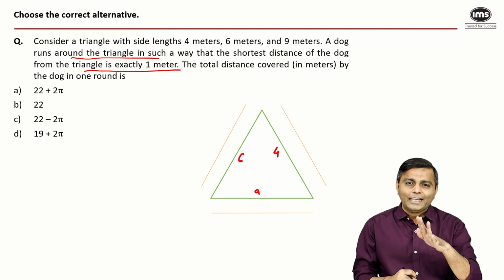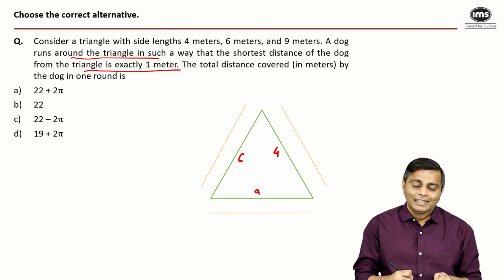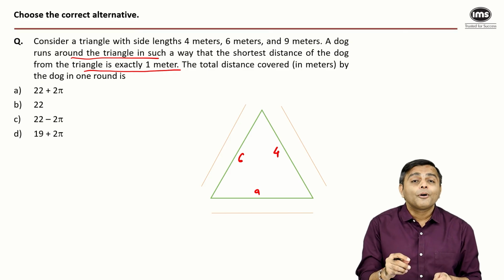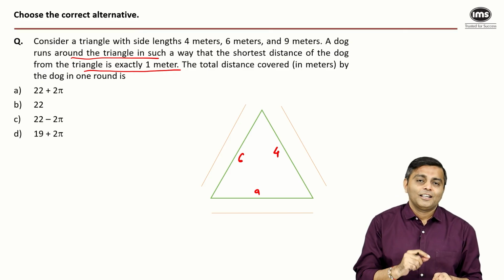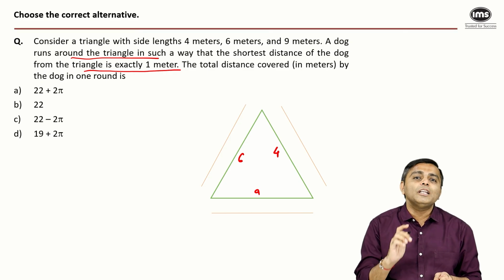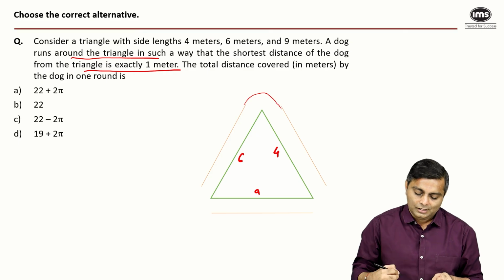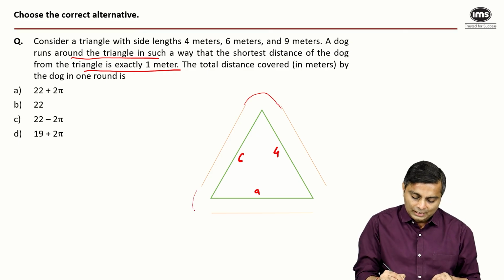So these light orange colored lines are nothing but 4, 6 and 9. Correct? Important is the vertex. Around the vertex also, the dog is always only 1 meter away, which means the path has to be in the form of a circle. Something like this and something like this.